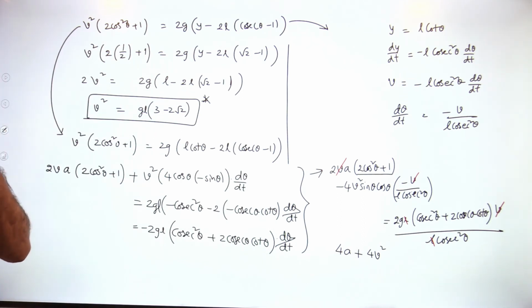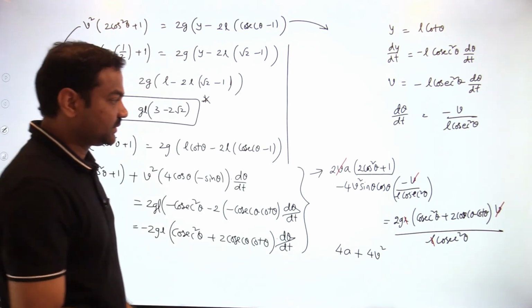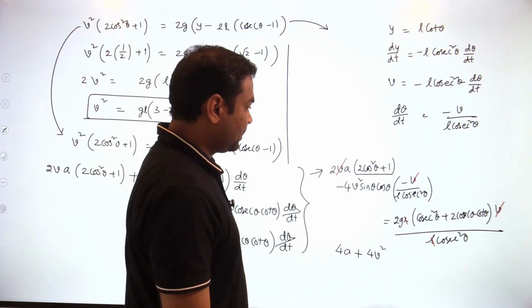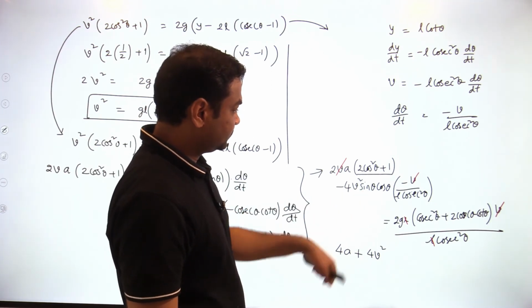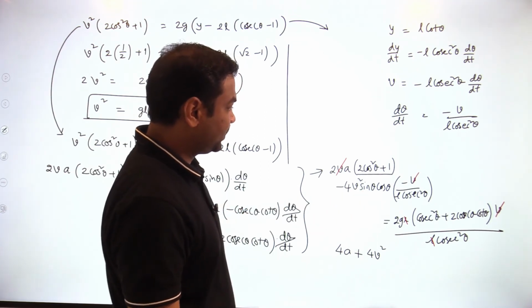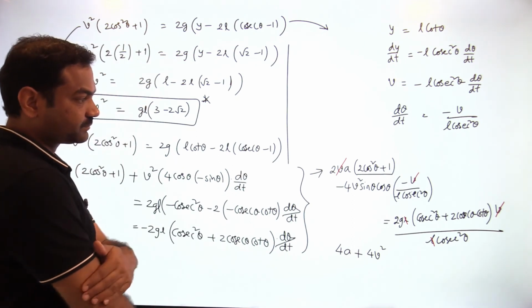So what will the value become? 1 by root 2, 1 by root 2 and 2 cancel out. Sin cube theta into cos theta you will get.